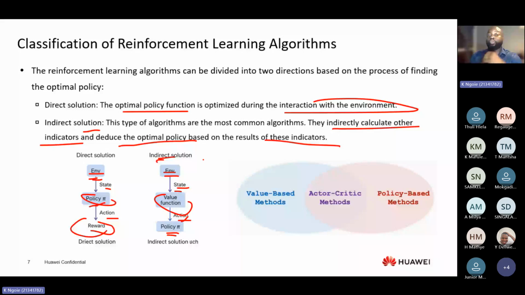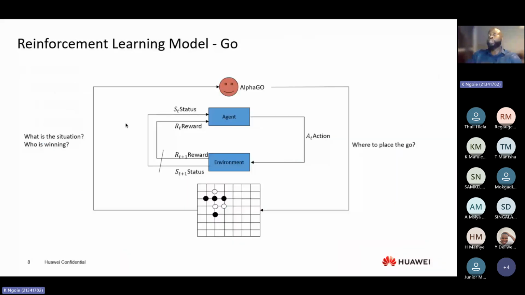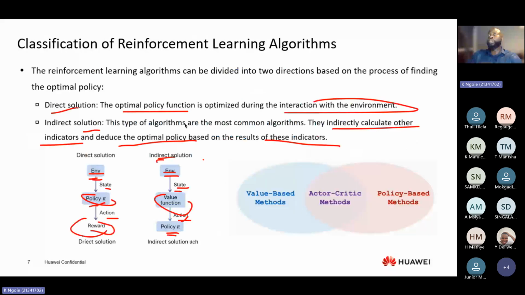We have some examples of algorithms that are used with the direct solution, such as PPO. When you're doing research in reinforcement learning and coding, you can use a PPO policy. That is Proximal Policy Optimization.